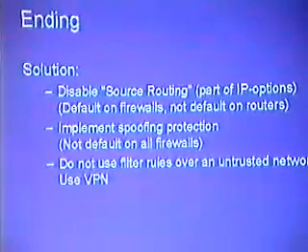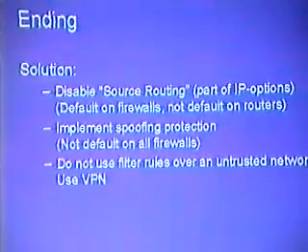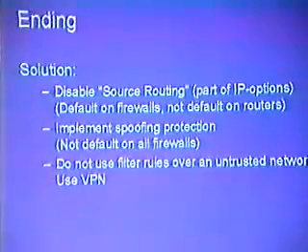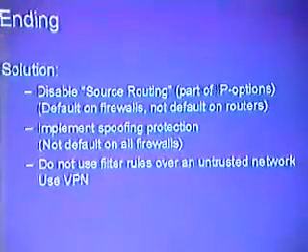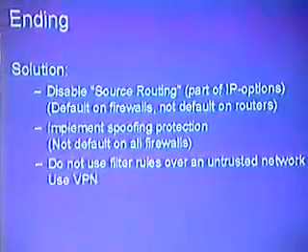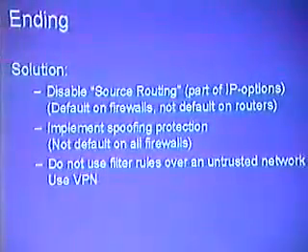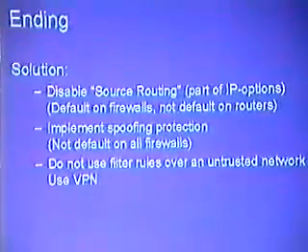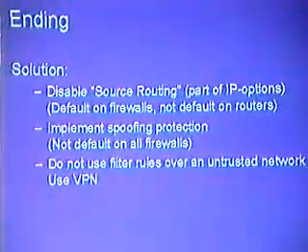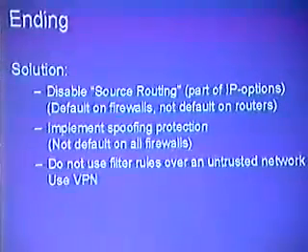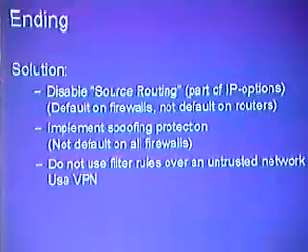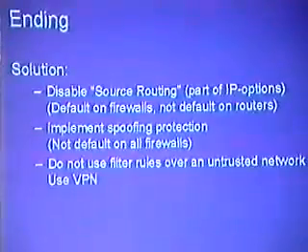So the solution is, of course, disable source routing. It's a part of IP options. I don't know how it's done. You have to figure it out yourself. It's default on firewalls, disabled on Linux boxes, but not default on routers. You have to implement spoofing protection. It's like saying, this is my inside network interface. These are the IP addresses there.